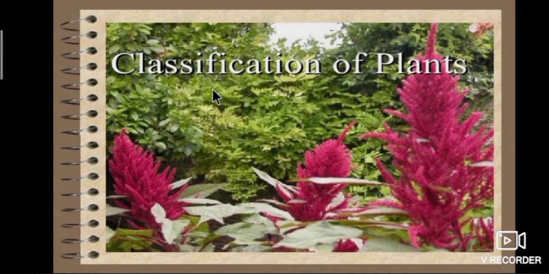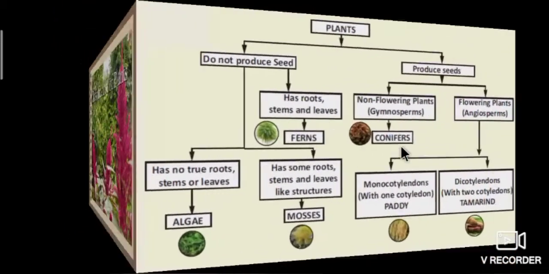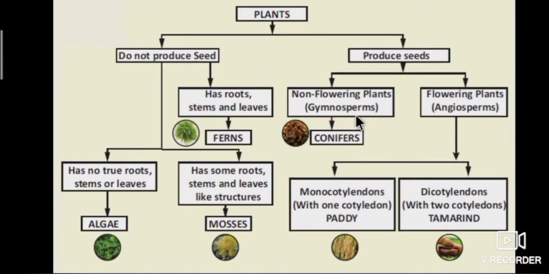Today we are going to study about classification of plants. Based on dichotomy, plants can be classified into two main groups, flowering plants and non-flowering plants. Non-flowering plants do not produce seeds and flowering plants produce seeds. Based on their nature of plant body, non-flowering plants are further classified into three types: algae, mosses and ferns.